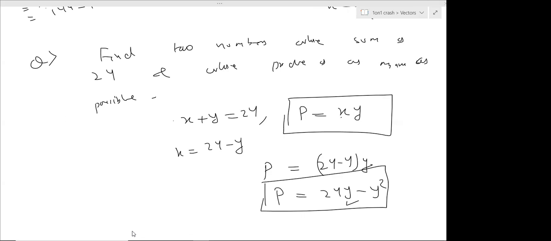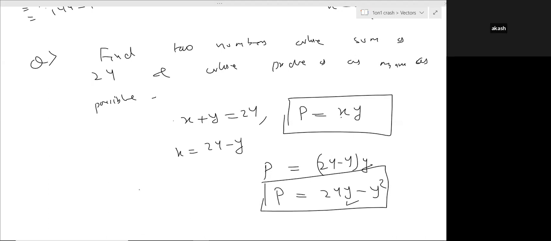So f of -2 and f of 12. So f of 12 will be maximum, obviously.